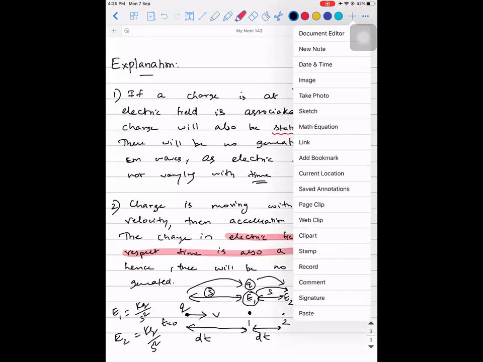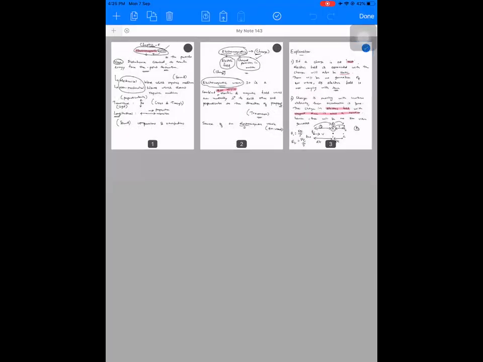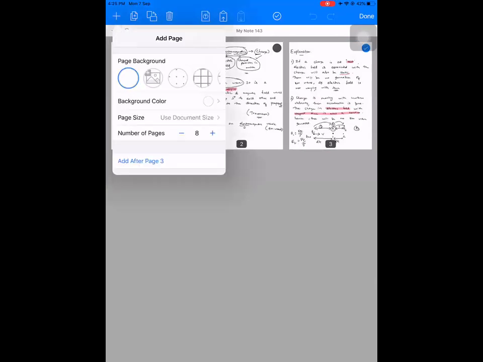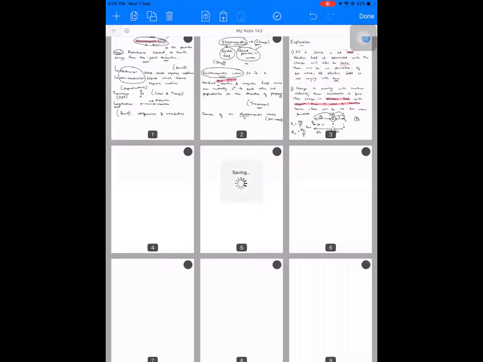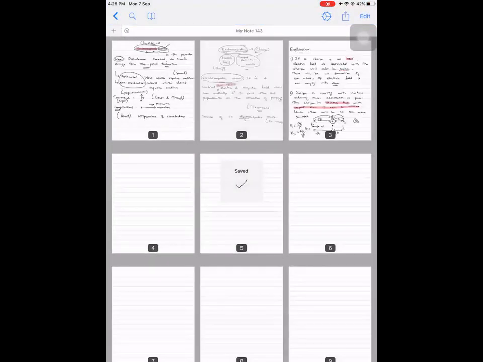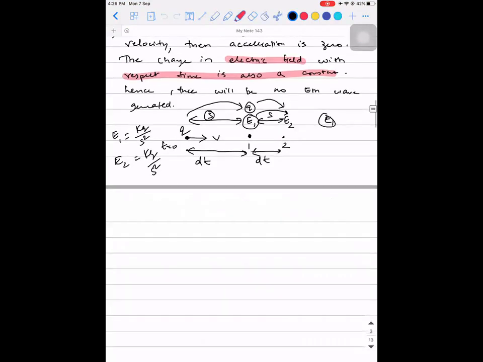Sir, but we are defining electric field with respect to a point. Okay. But what is happening with respect to time? I'm talking about equal intervals of time, after time dt. What will happen?